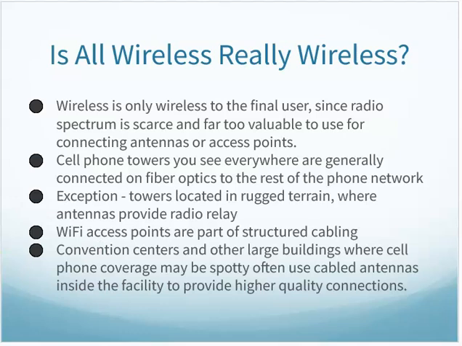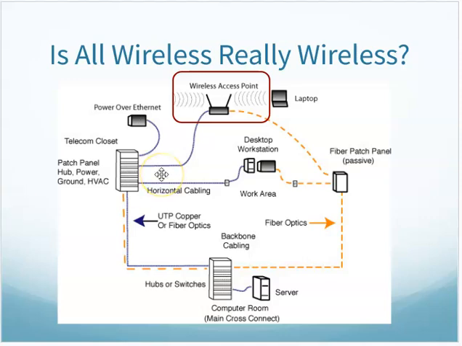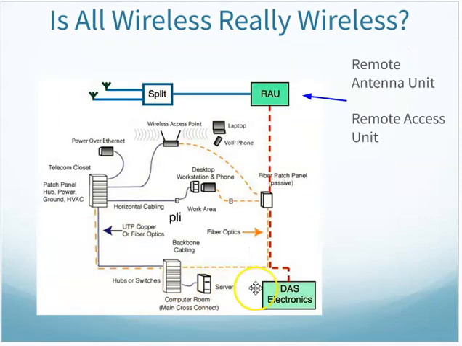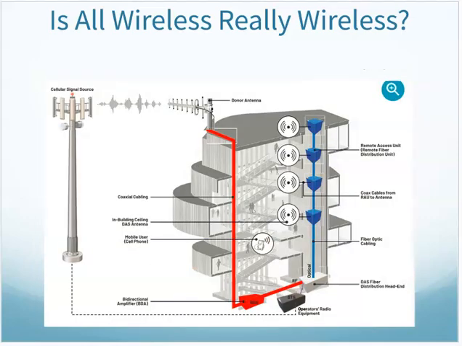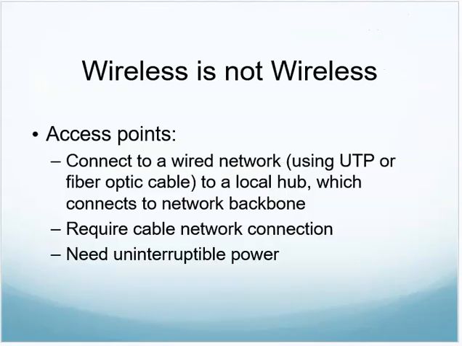So really it's only for the end user that we don't have the wired connection. All this infrastructure needs to be here for the access point to connect, either copper or fiber. So wireless is really not wireless, only for the end user.